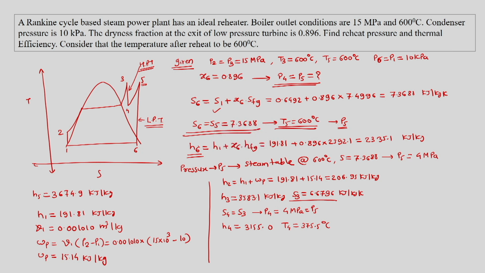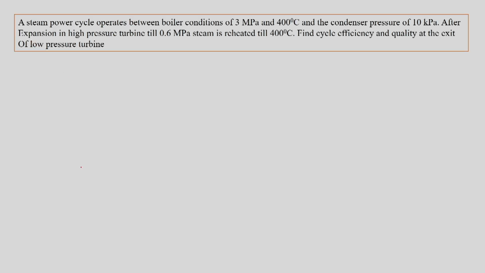We have to remember that we are adding heat in two places: here in the boiler and in the reheater. So it is H3 minus H2 plus H5 minus H4.